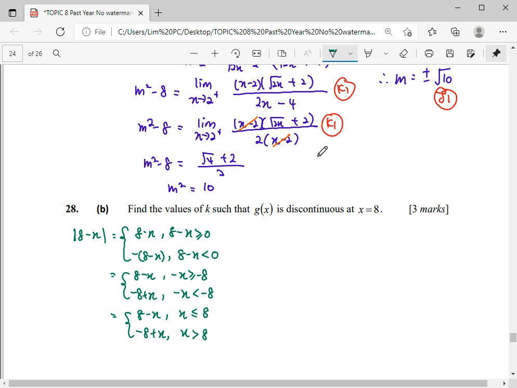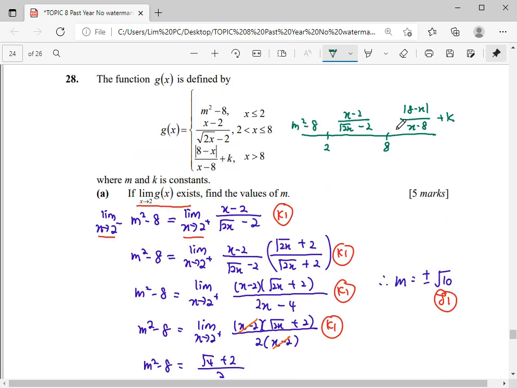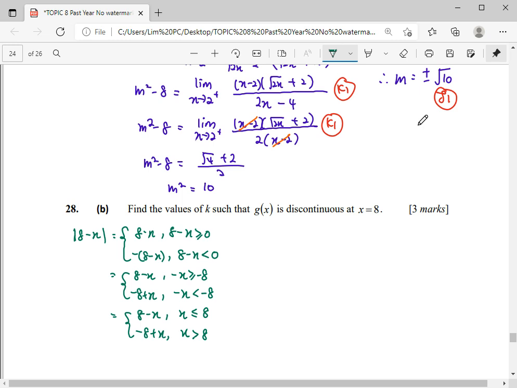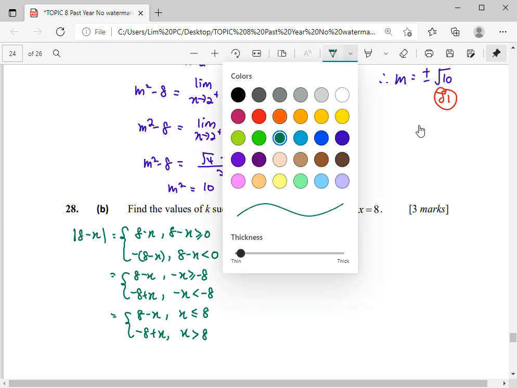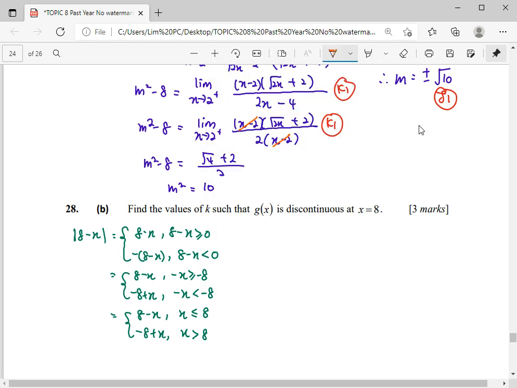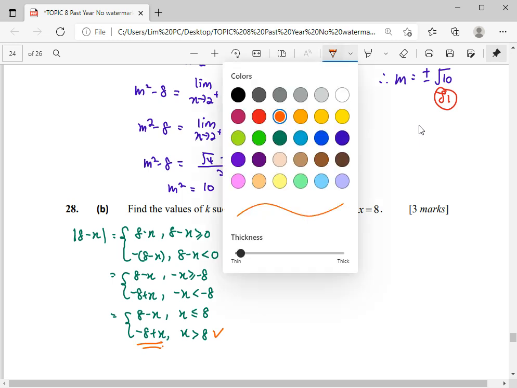So we look at our interval again. For this 8 to the right hand side, so x more than 8, our function involved is supposedly equal to this. So this is our function in our piecewise.